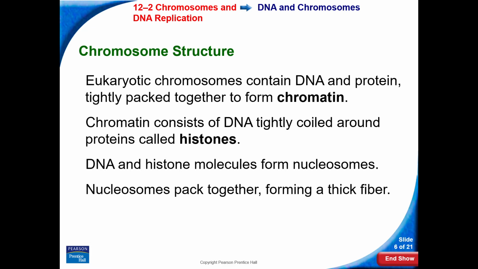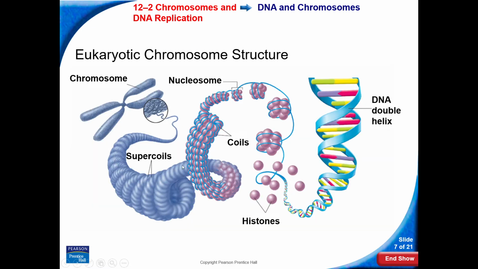When the nucleosomes pack together, they form a thick fiber, and you can see here these thick fibers, these coils, are going to turn into supercoils because the coiling of the DNA around the histones, the hangers, is going to then coil again.